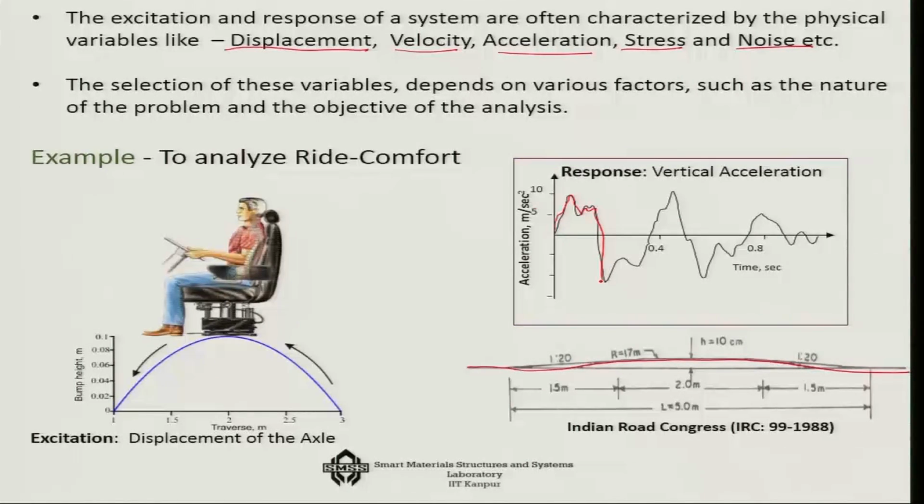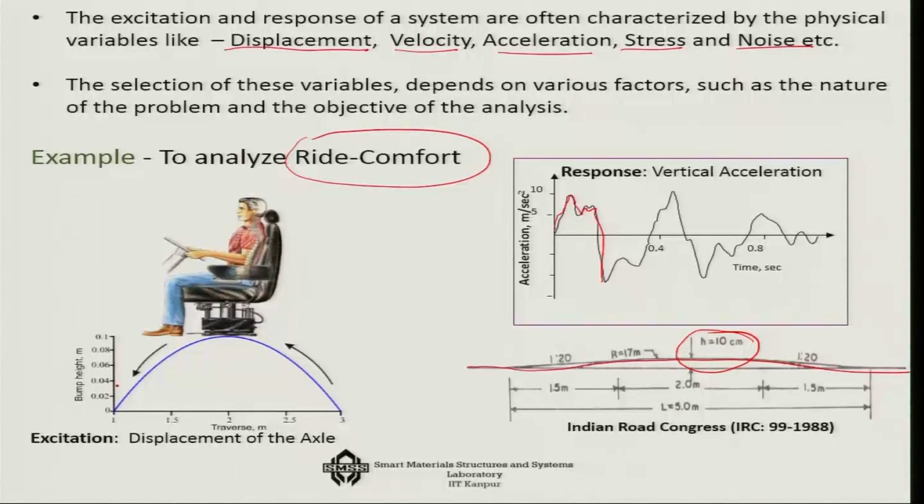Now, to measure whether your car or your bike etc. is good or not, we have a parameter called ride comfort. This ride comfort depends on two things. One is the excitation, which in this case comes from the bump and is defined in terms of displacement.